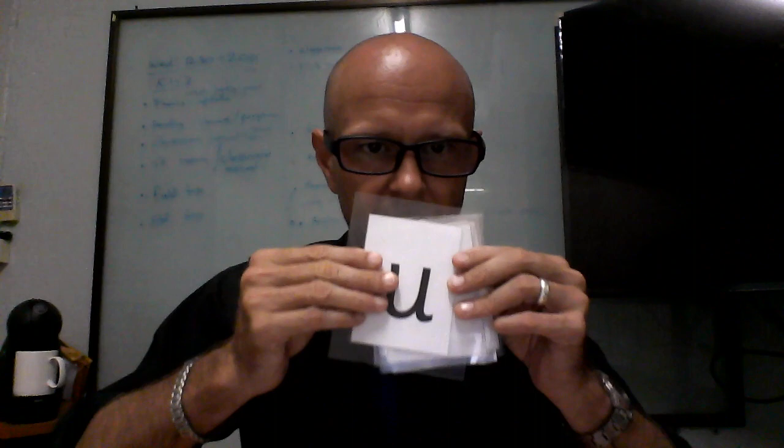Before I said s, this is s. This is a hard one. This is kind of like an A, kind of umbrella, up, upside down, under. The vowels are hard.